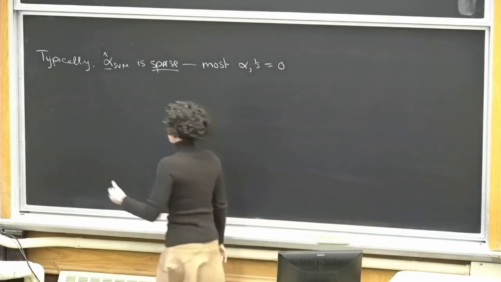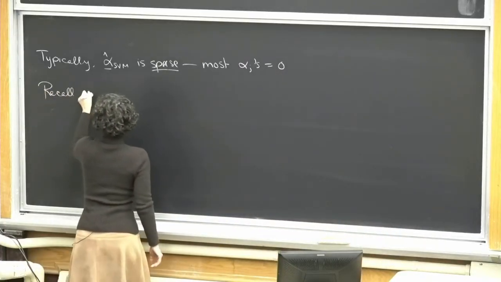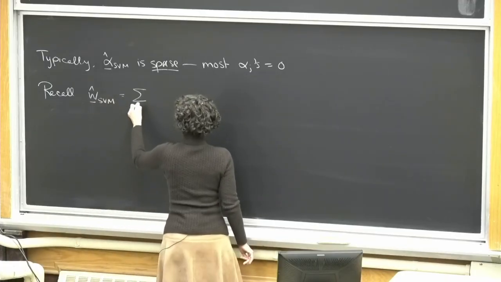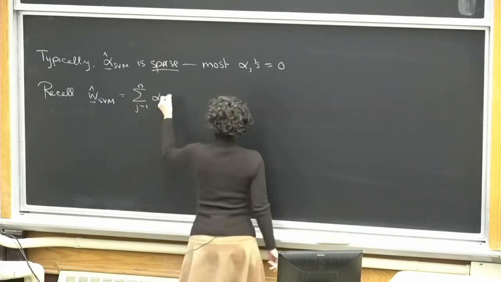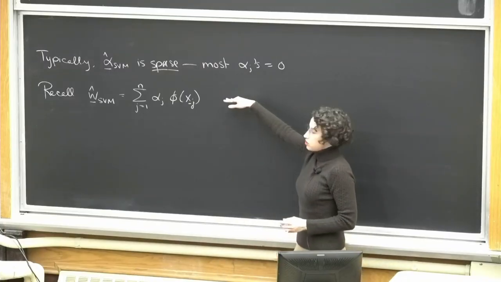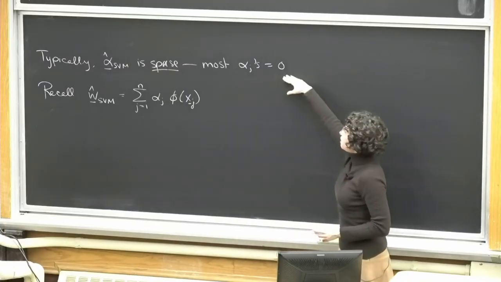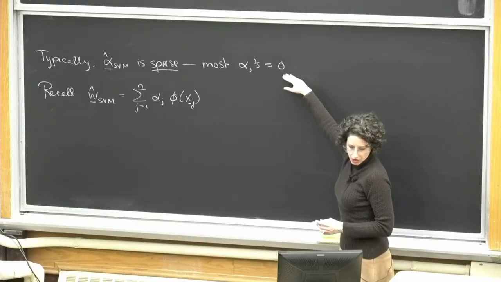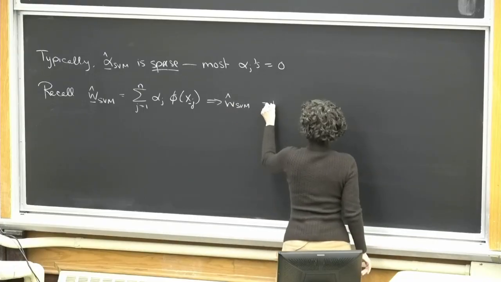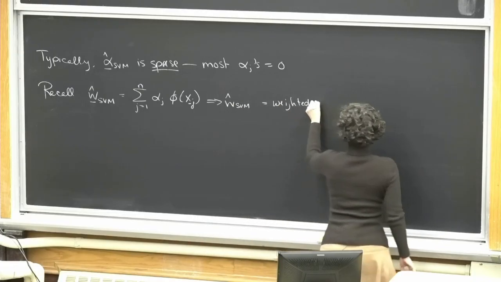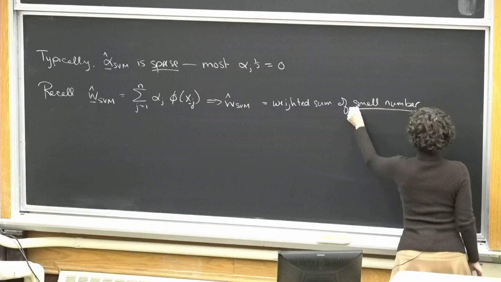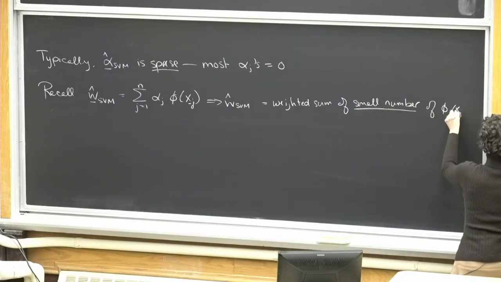And so if we recall that our weight vector w hat SVM is equal to the sum j equals 1 to n of alpha j phi of xj, and most of the alpha j's are equal to 0, then what it means is that this w hat SVM is equal to a weighted sum of a small number of these high dimensional feature vectors.